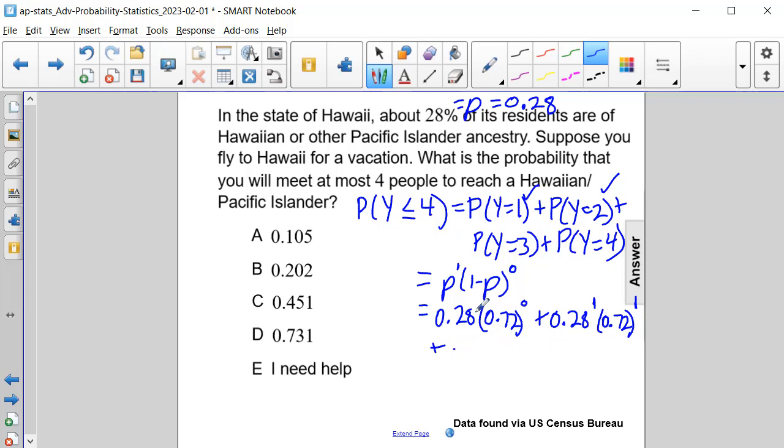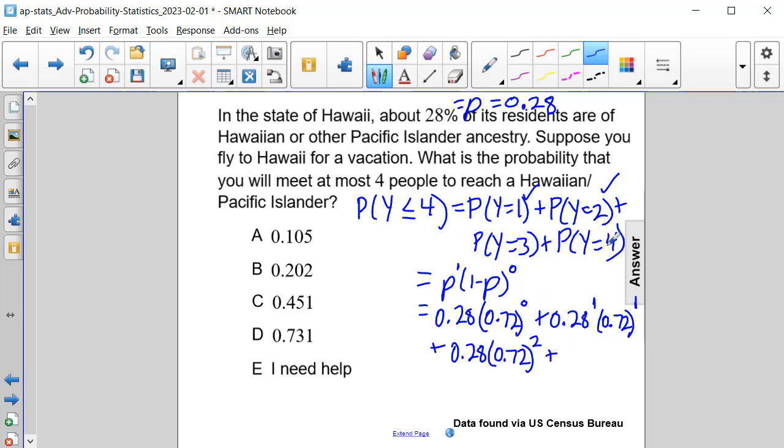So if it takes us 3 people, it would be 28 hundredths for the 1 Hawaiian or Pacific Islander that we meet, times 72 hundredths to the second power, because we would meet 2 of these people first before this person.